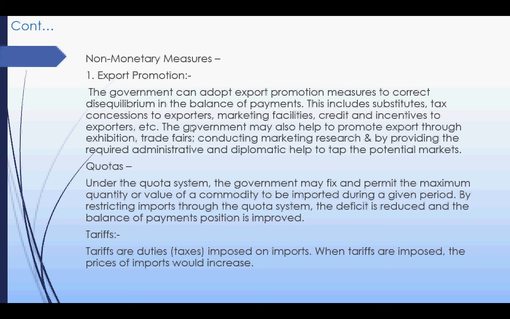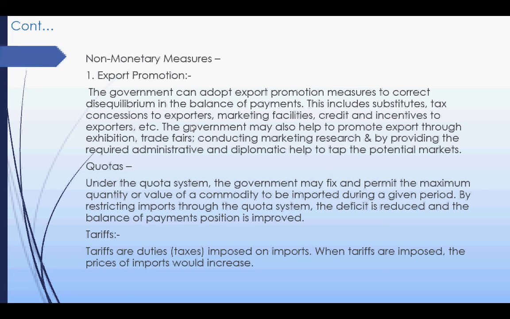Credit and incentives to exporters, etc. The government may also help to promote exports through exhibitions organized in foreign lands, through which Indian exporters will be exhibiting their goods in the international market, and thereby they get the demands.